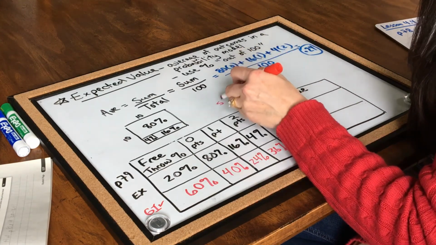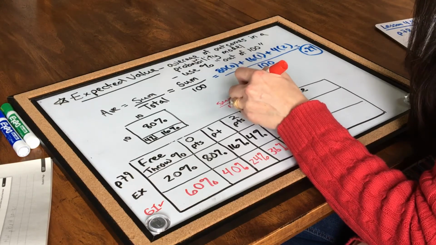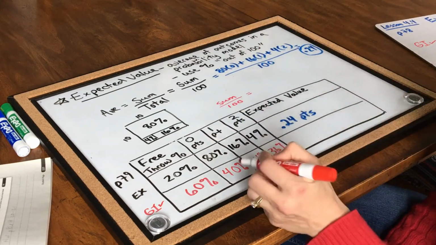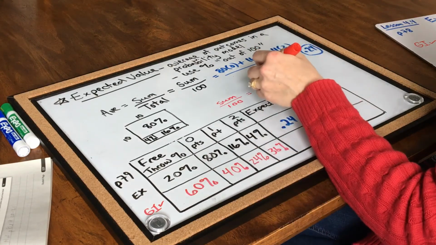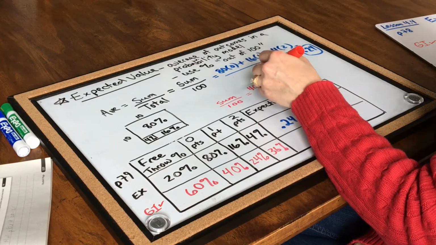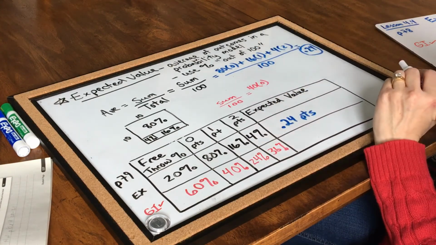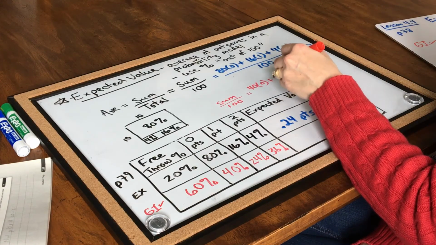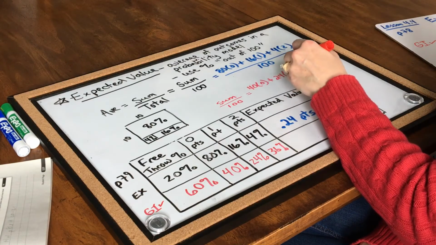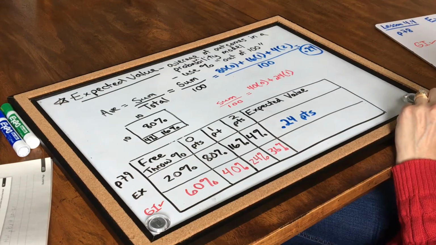Remember, the expected value is going to be the sum over 100. So 40% of the time, 40 times out of 100, she'll score 0 points. Then 24 times out of 100, she'll score 1 point, so we'll multiply that by 1.